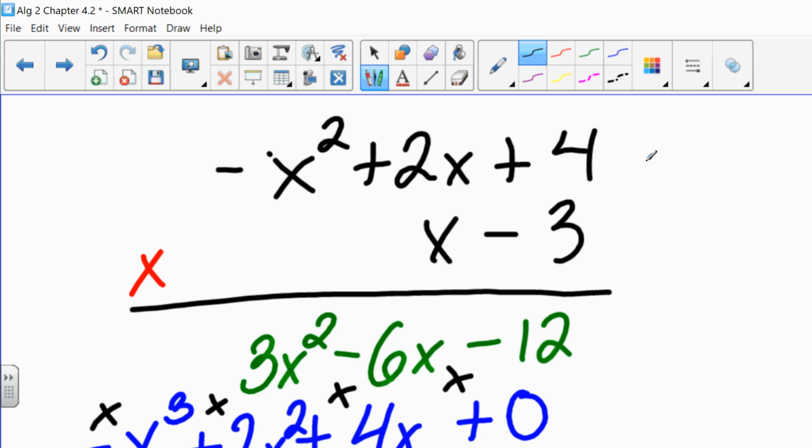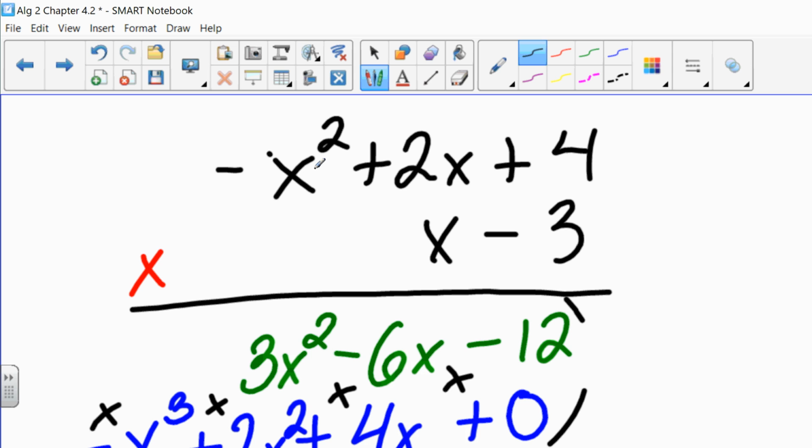Here, it really doesn't matter, because is there any way that I could add negative 12 in a number and get something with x? Well, no. The only way I can do that is adding x. There's no way I can add two terms with x and get x squared, or add the x squared terms and get x cubed. We can't go over one way or the other. So for this, the order in which we add or subtract really doesn't matter, but we can keep it going from the right to the left.